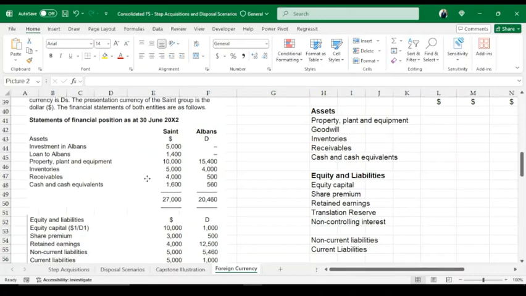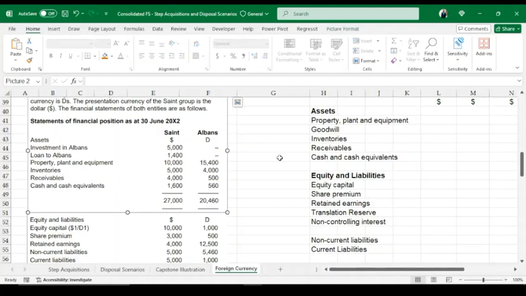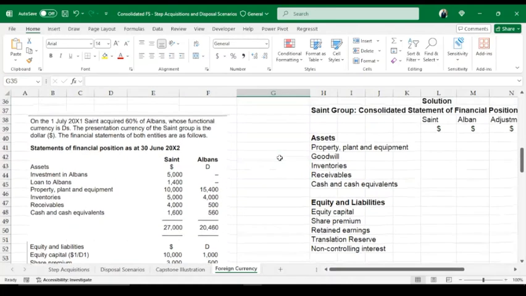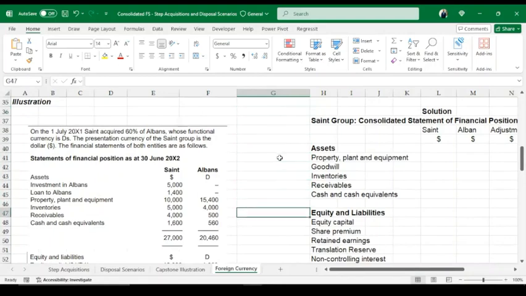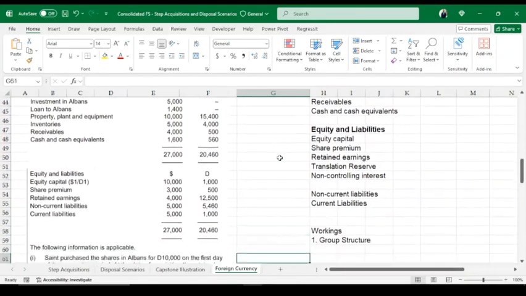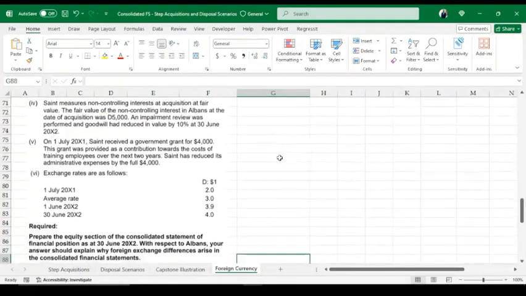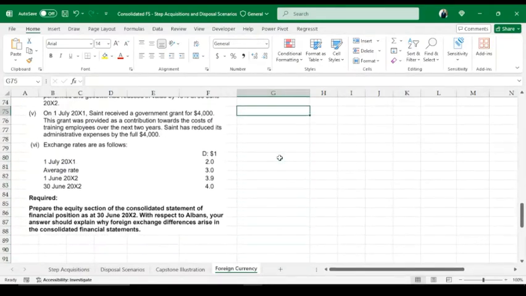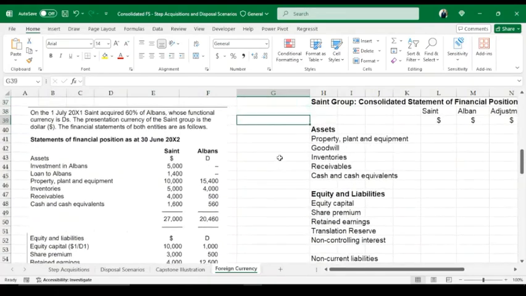So let us look at the question, and then we are going to dive right into it. It's a full-blown question. We are going to look at it, and then we are going to see how we are going to solve it.